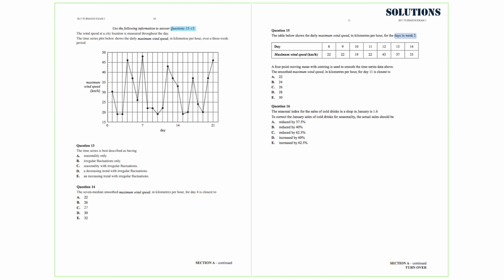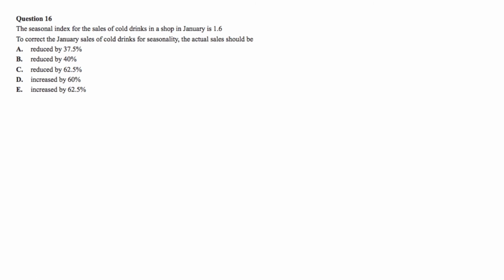In question 16, we are told that the seasonal index for the sales of cold drinks in a shop in January is 1.6. We are asked to calculate the actual sales to correct the January sales of cold drinks for seasonality. So let's start with the formula.